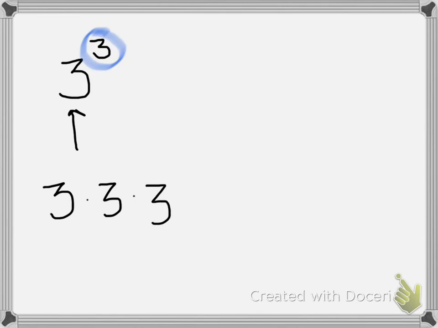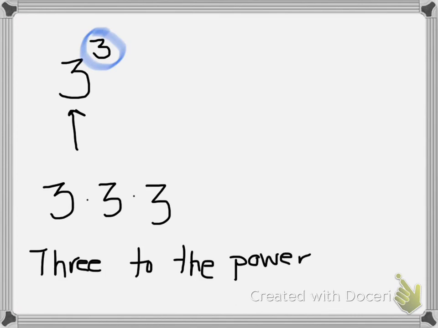How else can I write this out? I can write it out as 3 to the power of 3. 3 times 3 equals 9, and 9 times 3 is 27.